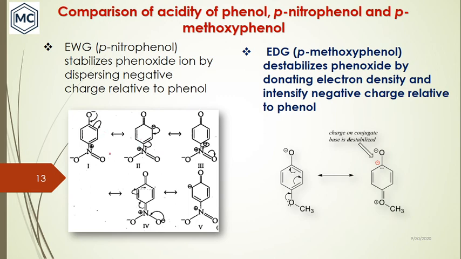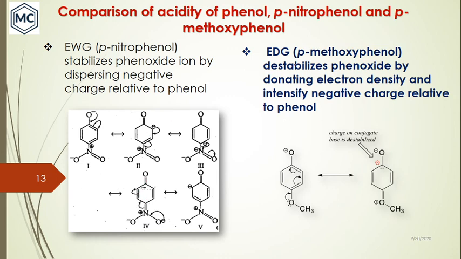This is the resonance structure of the para-nitrophenoxide anion, and you can see that charge transfer takes place not only to the ring but also to the NO2, so there is communication between the benzene and the functional group. The negative charge on oxygen is delocalizing all over the molecule; it is completely delocalized.